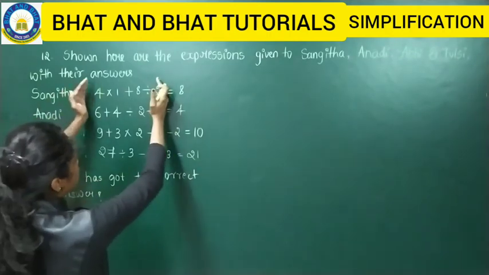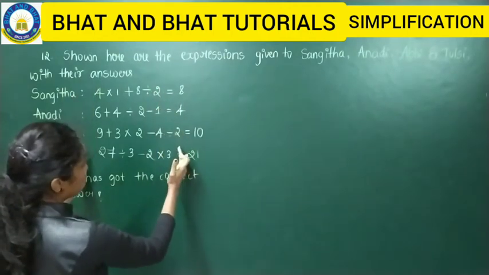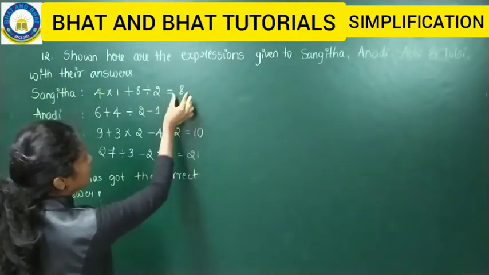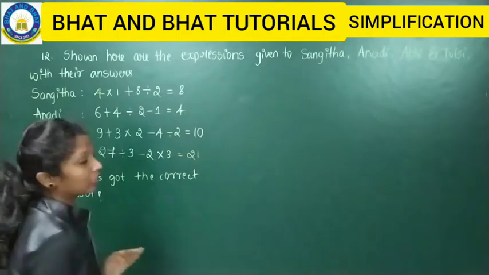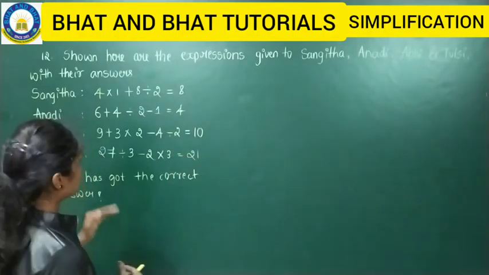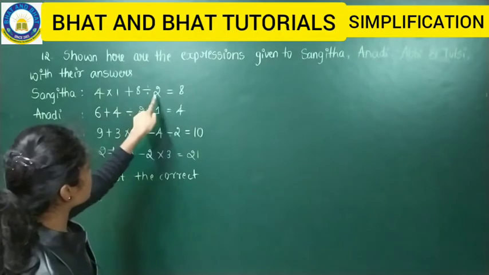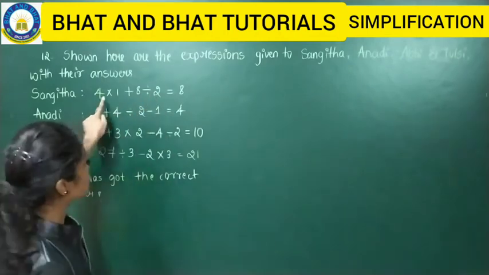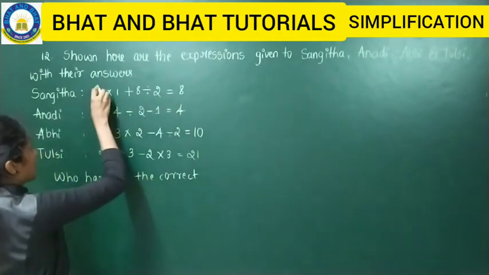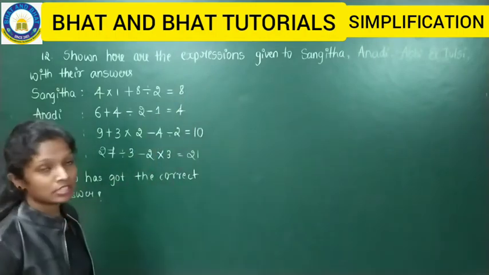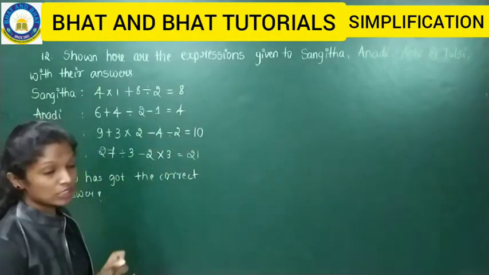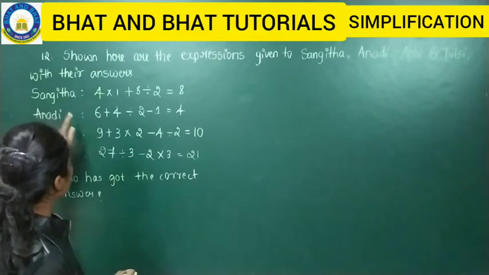These are the answers for their numerical expressions. That means if you solve this particular numerical expression, whether you are going to get this answer or not, this is what you have to solve in the question.